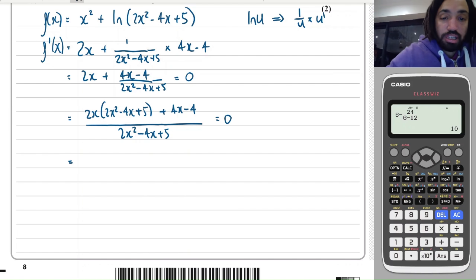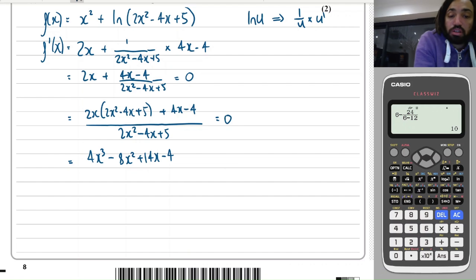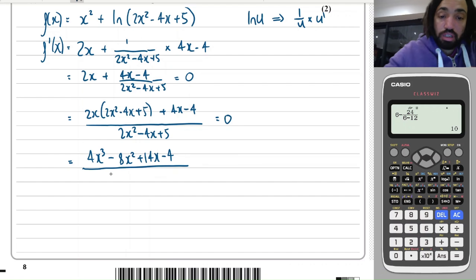Okay, I'm going to expand out the brackets, and I'm going to get 4x cubed minus 8x squared plus 10x plus 4x, which makes 14x, minus 4, and that's all over 2x squared minus 4x plus 5, that equals 0.